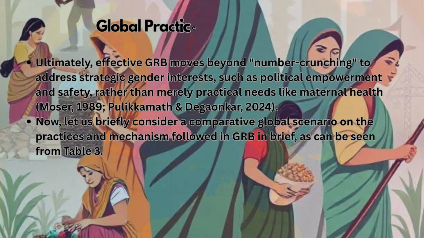So ultimately, effective GRB moves beyond number crunching to address strategic gender interests such as political empowerment and safety, rather than merely practical needs like maternal health. Now, let us briefly consider a comparative global scenario on the practices and mechanisms followed in GRB, as can be seen from Table 3.